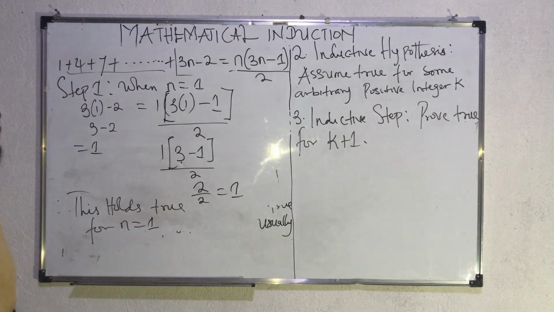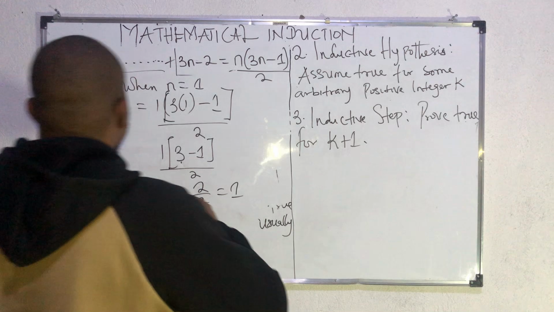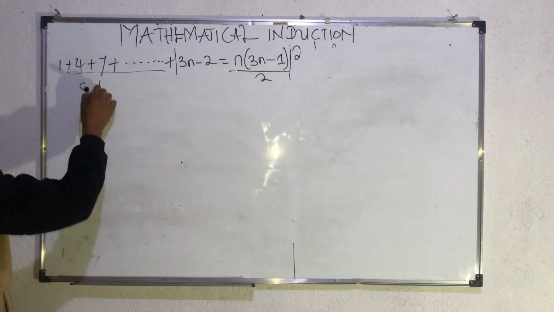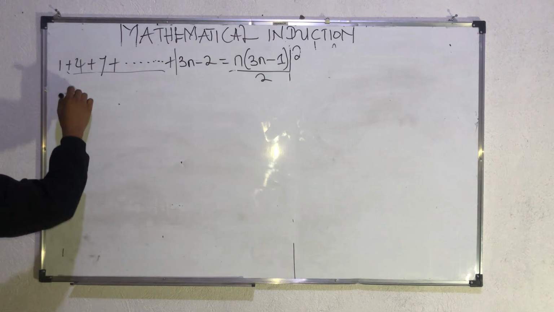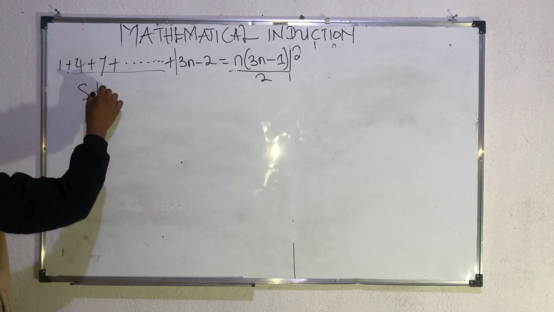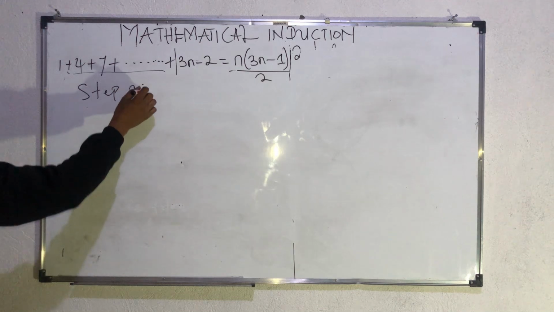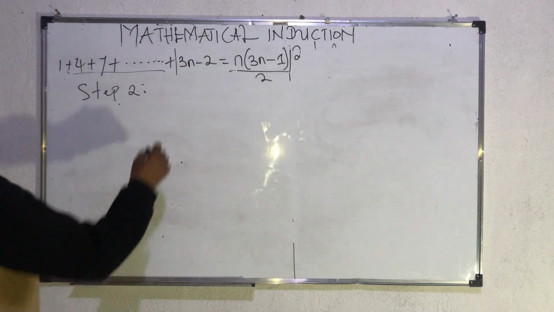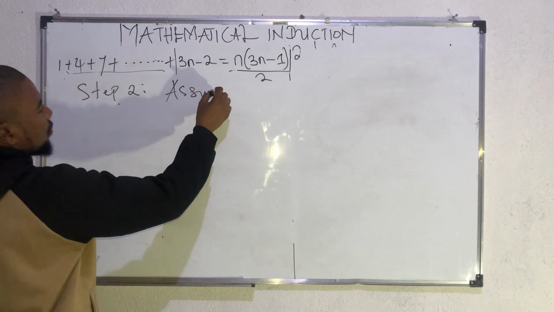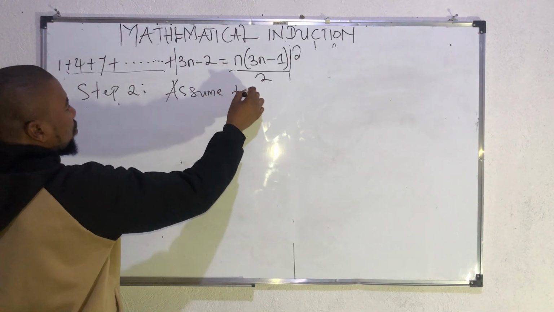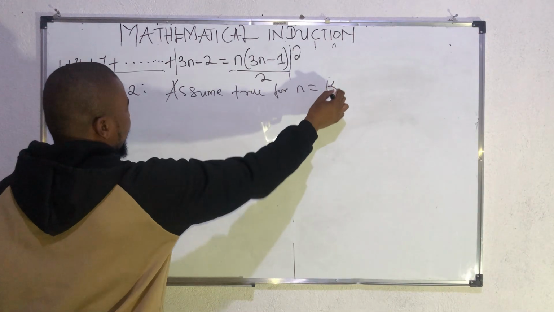So let's go ahead and do the second step where n is equal to k. For step 2, I'm going to assume true for n equals k.